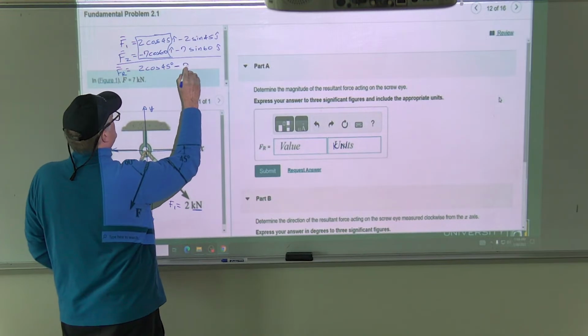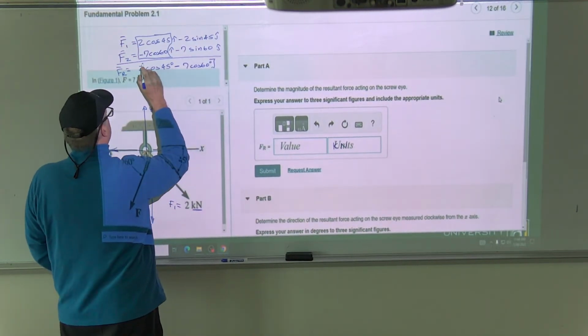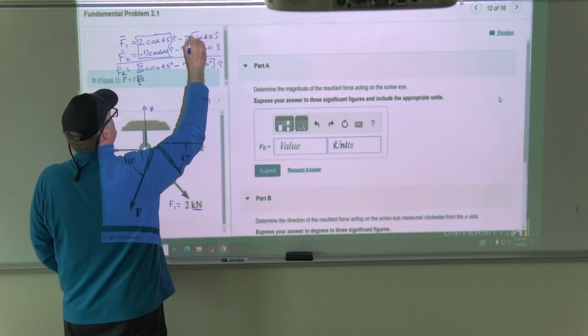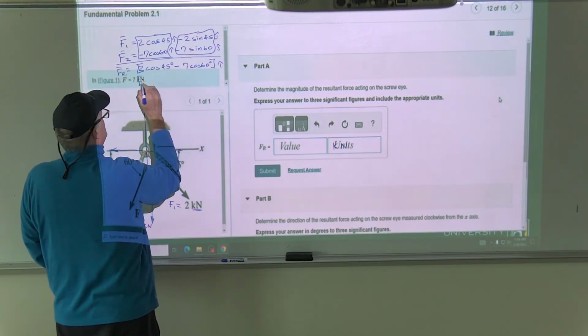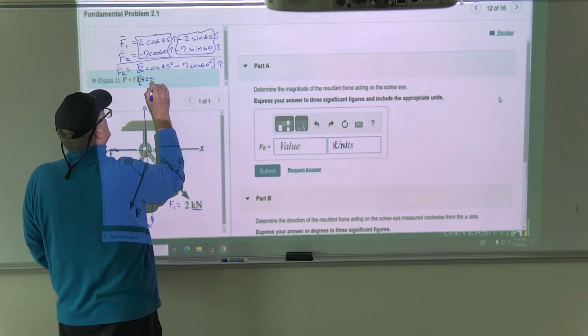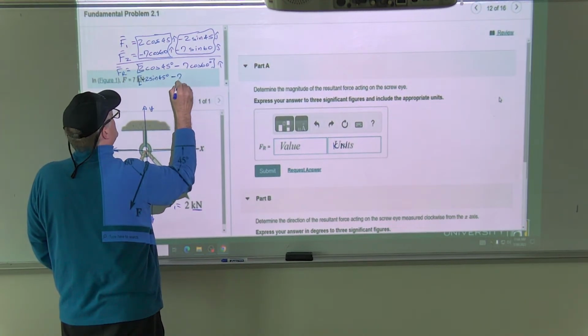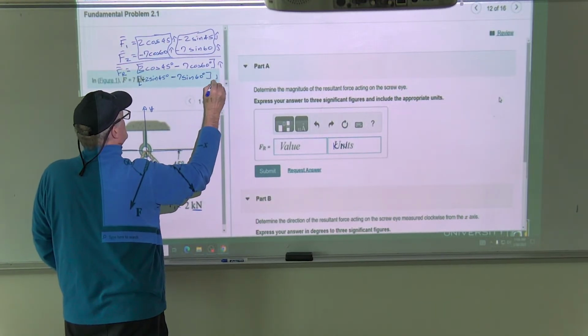So minus 7 cosine of 60 degrees, and then say i, and then I'm going to take these two, put them together up here, so that's going to be minus 2 sine of 45 degrees minus 7 sine 60 degrees j.